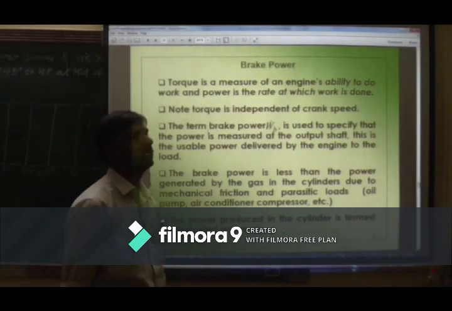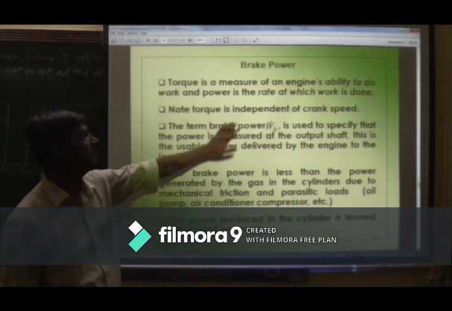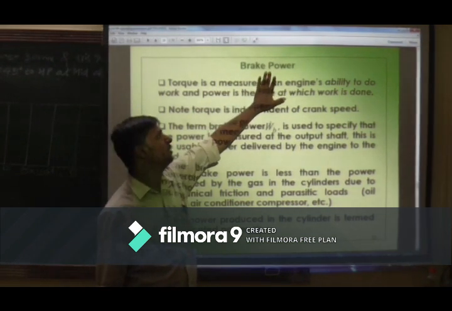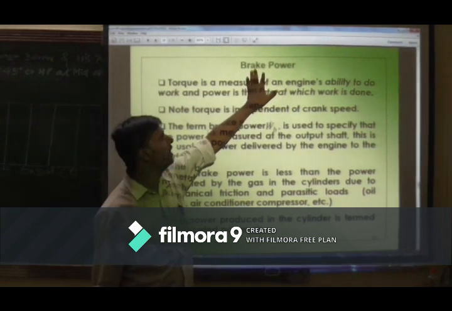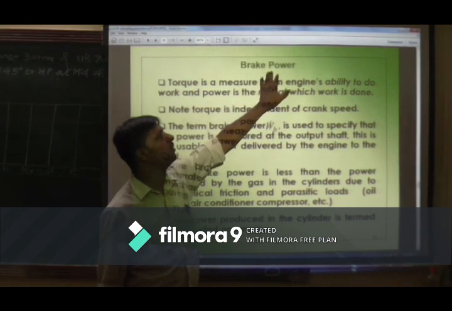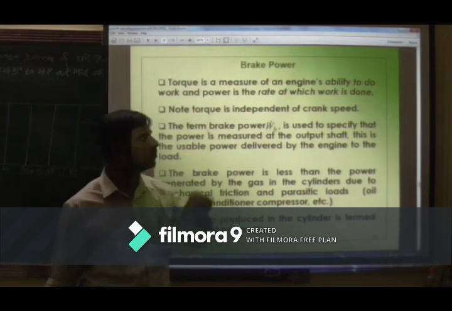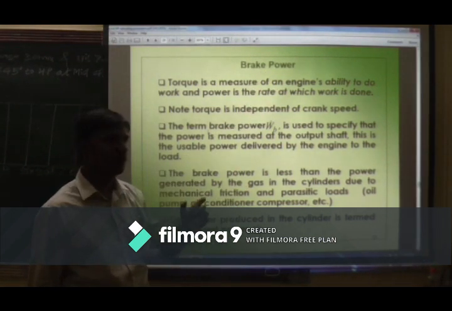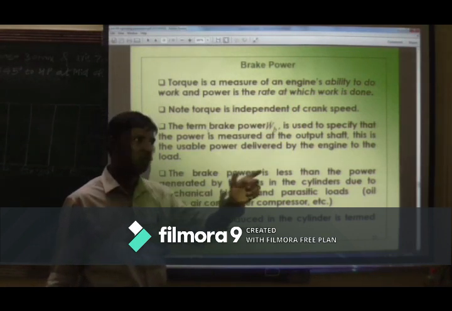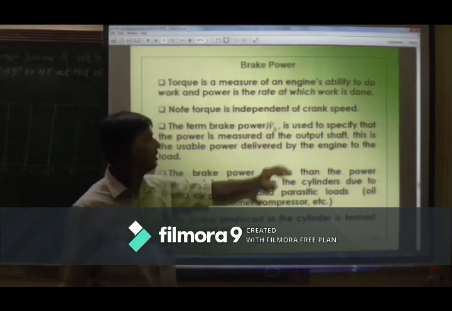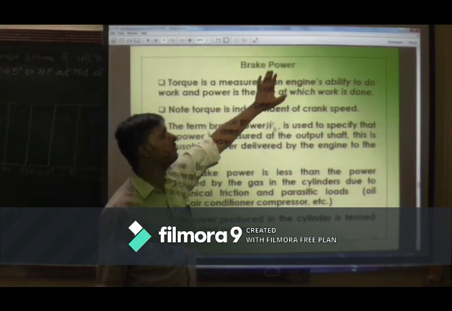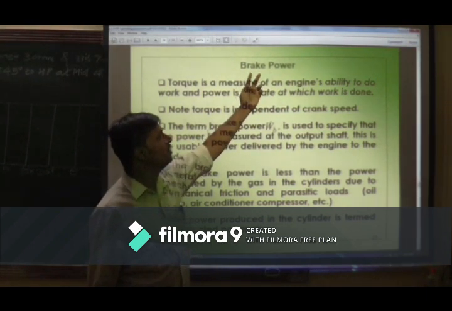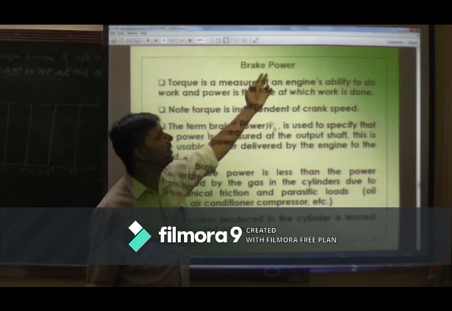Now, a very important parameter we use to analyze engine performance is brake power. We are seeing horsepower. What is horsepower? 1 HP is equal to 746 watts, that is the unit. But this is the concept. What is brake power? The engine power is nothing but brake power.